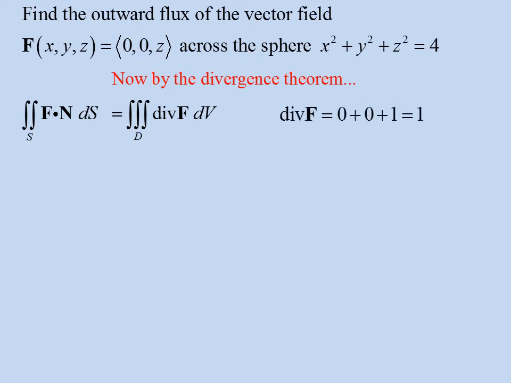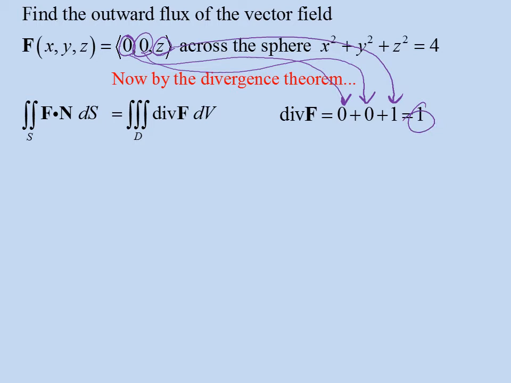So we'll do the divergence of F. This is pretty easy to do since we've got x equals 0, the derivative of that is still 0. y equals 0, the derivative of that is 0. The derivative of z is 1. So we come out with a divergence of just 1.